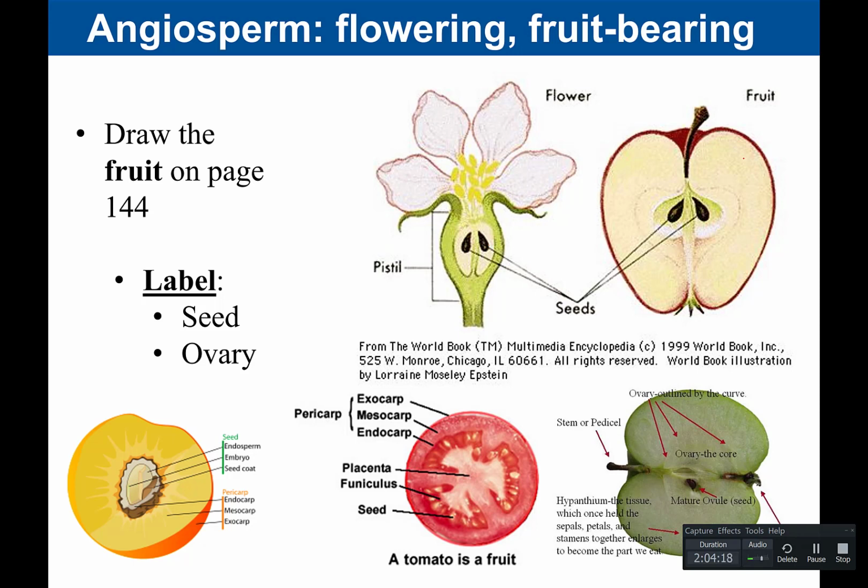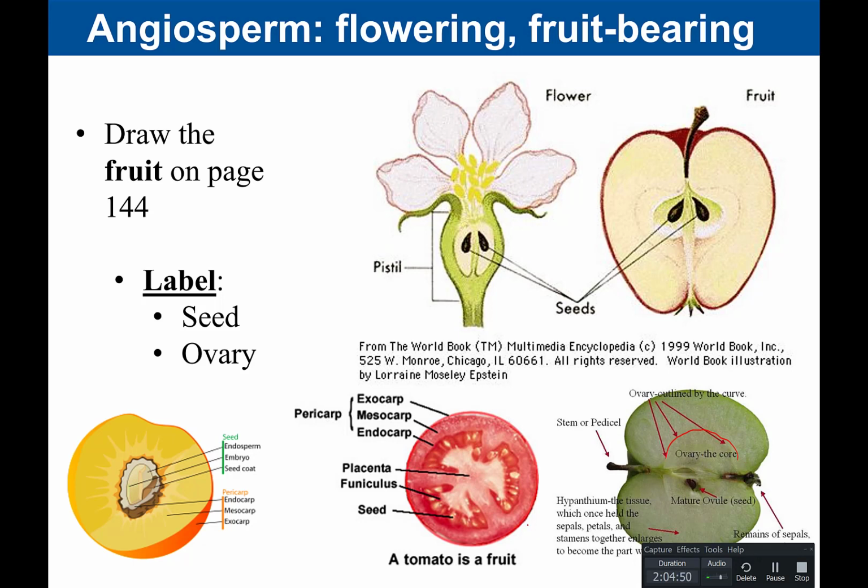So if we look at this other labeled diagram that I have put here for you. So if we look at the apple, this is the mature ovule, which is the seed. That's the seed. And the ovary is that kind of outline that you see within the apple. And so that's the ovary. So you're going to label the ovary, this line, and you're going to label the seed.